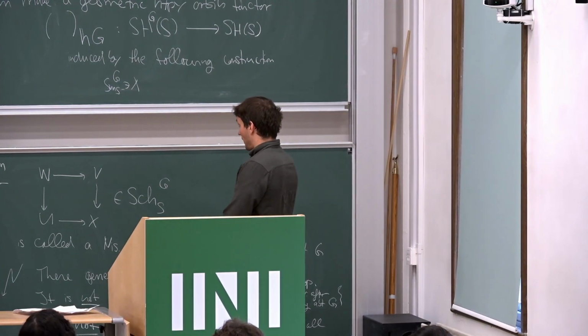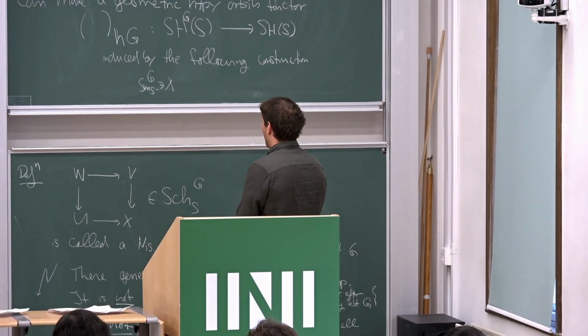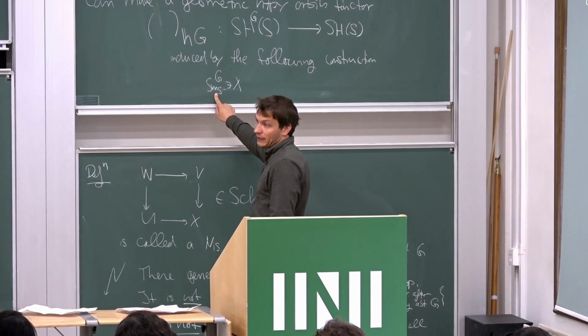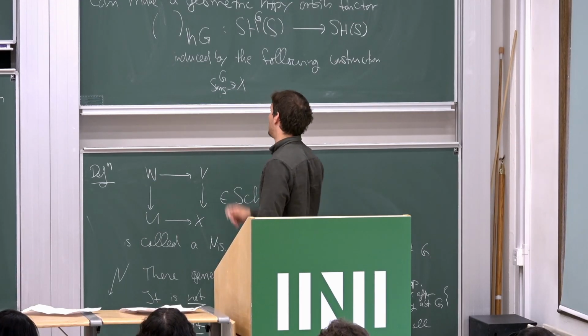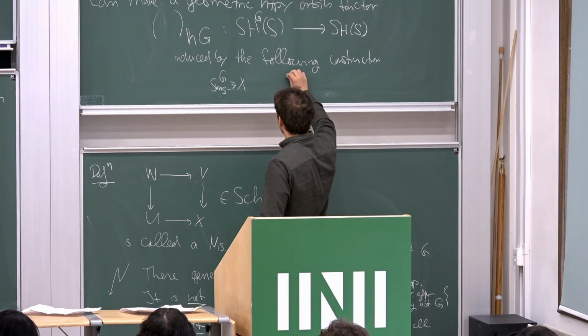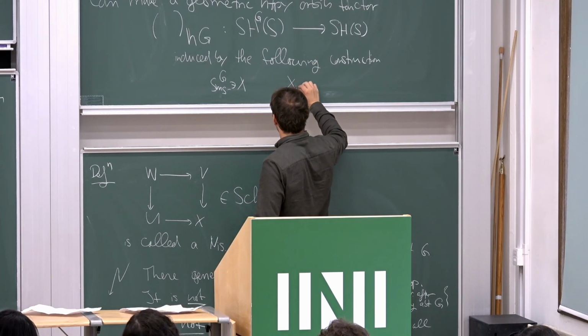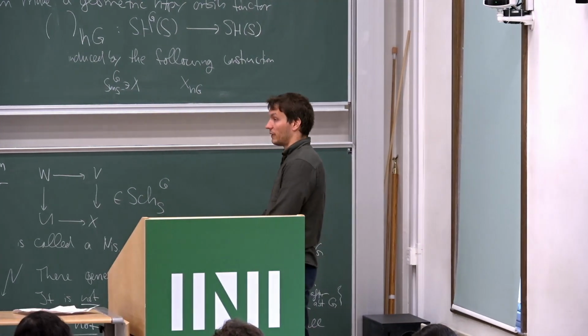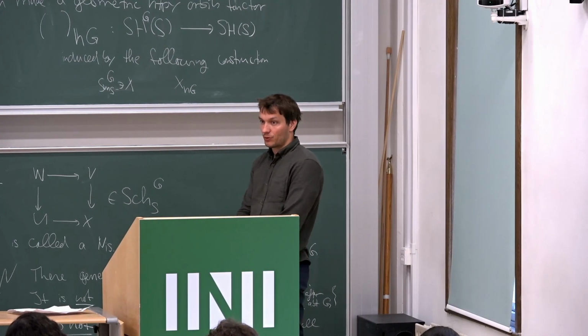Well, I'm going to view this as a presheaf on the category of smooth S-schemes. And this presheaf inherits a G action, for some trivial reasons. So I can just take the homotopy orbits in the category of presheaves on smooth S-schemes. And then I'm going to étale localize this thing.